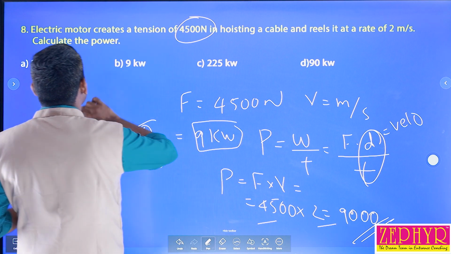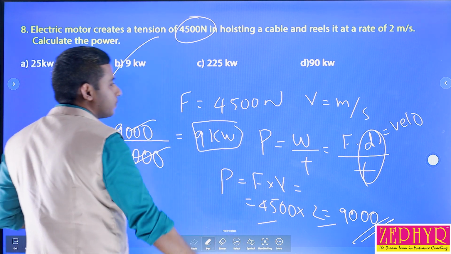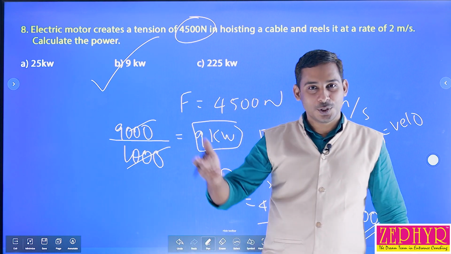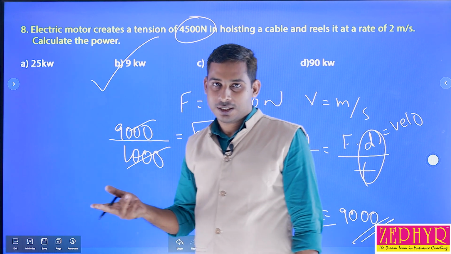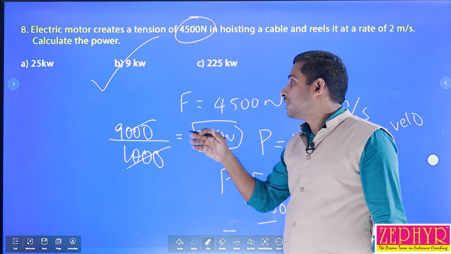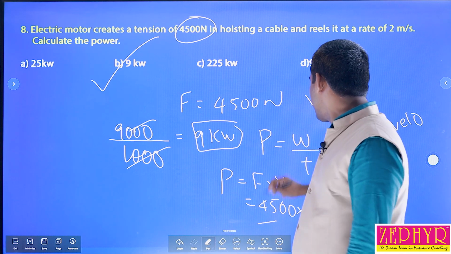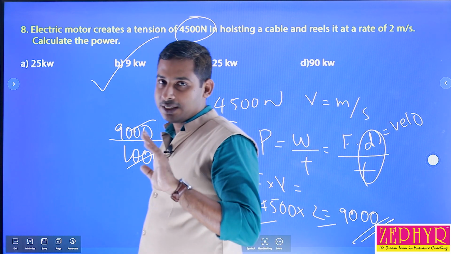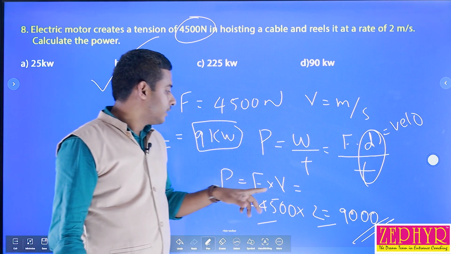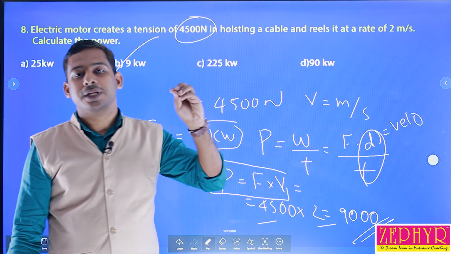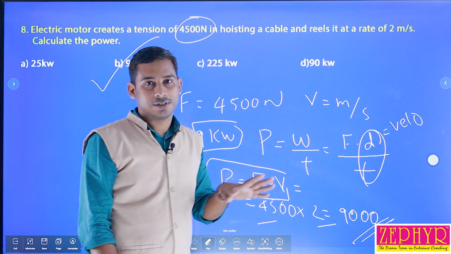So, dear students, the answer is option number B. Easy question. So, keep in mind the tension is nothing but force, and power has one more equation, that is W by T, F × D by T, which you can take in terms of force × velocity. Keep in mind, that is the equation.